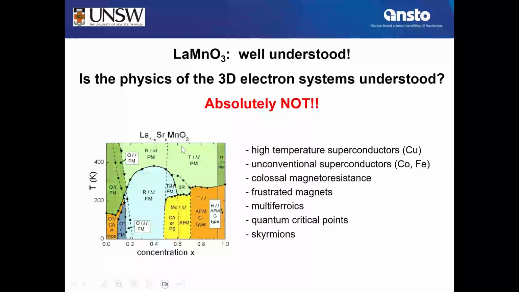So a huge variety of different magnetic structures just caused by strontium doping. In addition, some are metallic, some are insulating, and all types of different crystallographic structures. So doping has a tremendous effect on the magnetic structure. So even lanthanum manganite is still of interest.